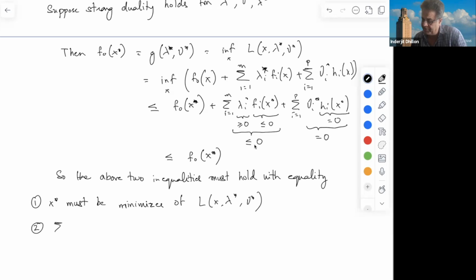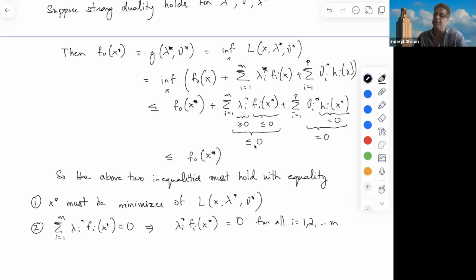So this says that the summation of i equals 1 through m of lambda_i star f_i(x star) equals 0, right? In particular, each of the quantities has the same sign, less than or equal to 0, so this means that lambda_i star times f_i(x star) must be equal to 0 for all i equals 1 through m.